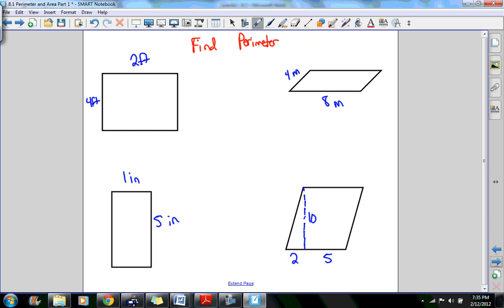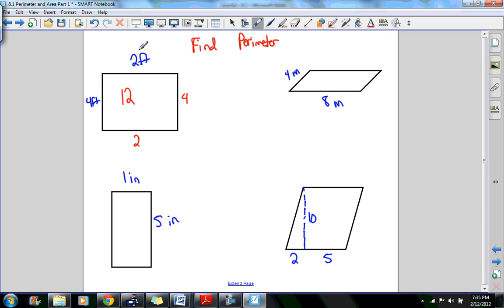We have to find the perimeter of each of these figures, and I'm going to do that in red. So, top left up here, we know it's a rectangle, therefore this 4 has to be the same over here, and this 2 has to be the same down here. So we simply add 4 plus 4, which is 8, and 2 plus 2, which is 4. 8 plus 4 is 12.